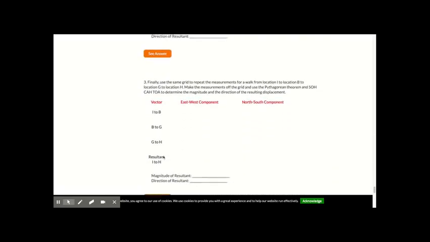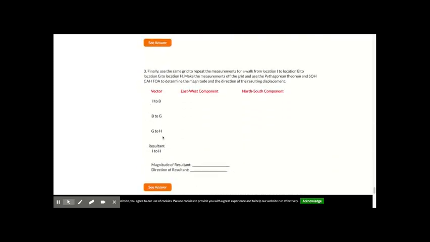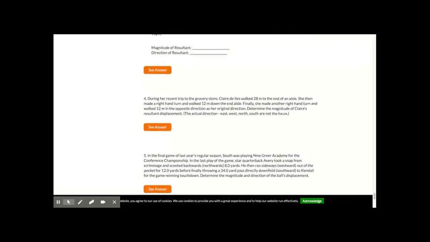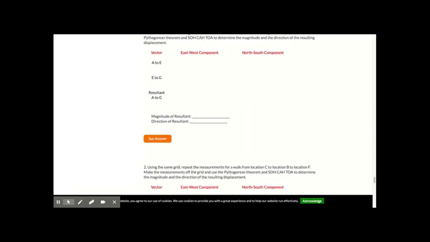I would limit yourself for AP Physics 1 to just two vectors here. This one's a little bit more advanced, but you certainly can look at that. And then there's a little bit more of a word problem involving combining the vectors, which again is kind of a review of what we've done over the summer assignment, but definitely getting into more of the mathematics of it and looking at vectors that are at angles to each other.